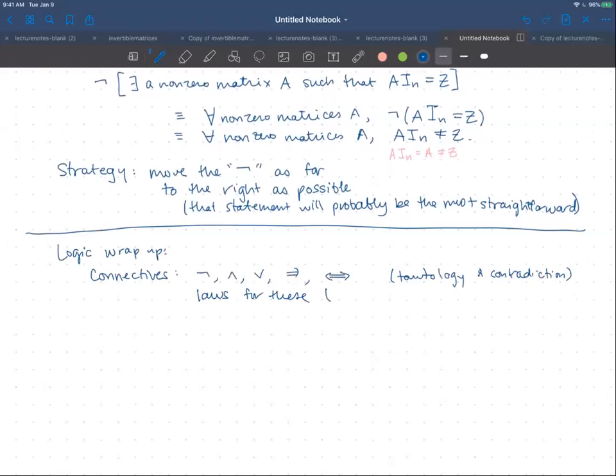Most of the laws have a statement that says how you negate them, and some other logical equivalences that might be helpful. So we've got our connectives, and we talked about quantifiers, which is the logical way of defining what you are actually talking about.